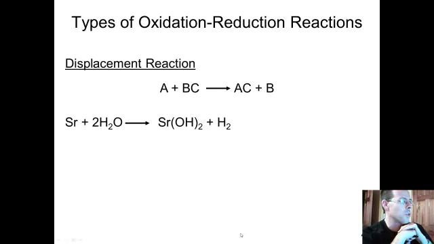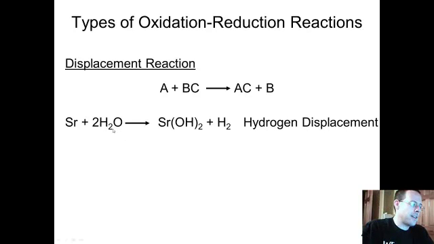So this first one, strontium plus water yields strontium hydroxide and hydrogen. If we produce hydrogen gas, and usually this is starting with water as a reactant, this is known as hydrogen displacement. So what's happening is strontium is coming and knocking out this hydrogen, taking its place. Again, we can write water as H-OH.